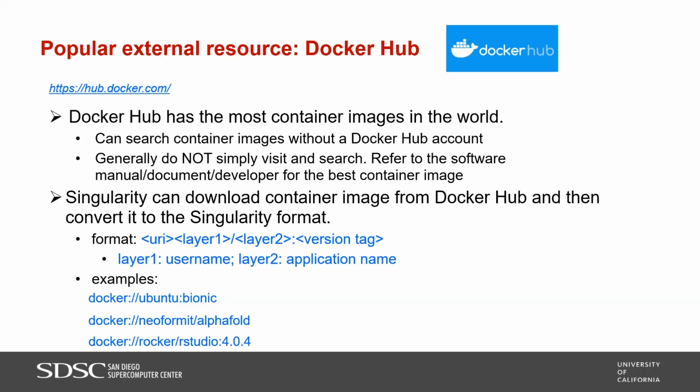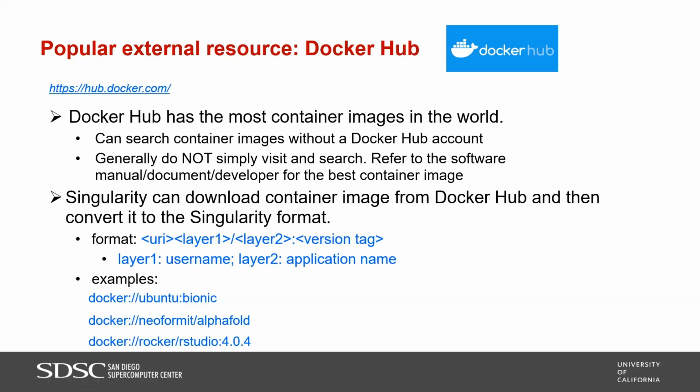Okay, so as long as we know where those Docker images are, we can then use singularity build to download the container images, and the format is listed like this. It's a URI, and then layer one, which usually is a Docker Hub username, then slash, layer two, and then a colon and version tag.